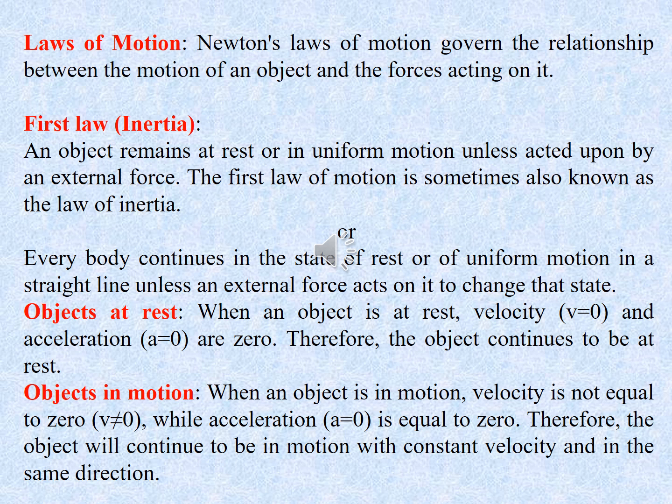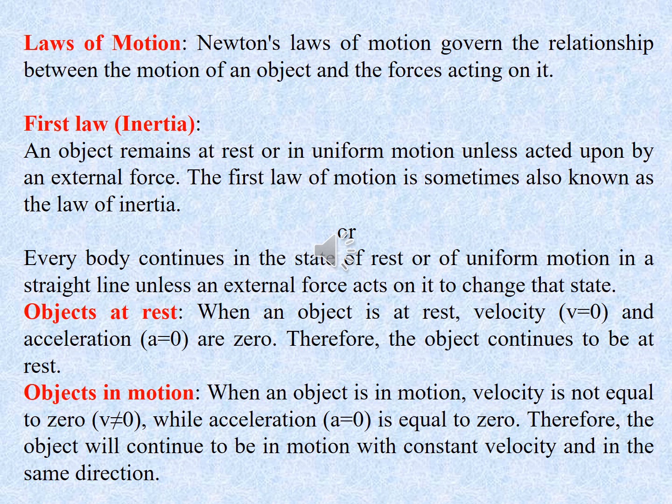Newton's first law: an object remains at rest or in uniform motion unless acted upon by an external force. Newton's first law is also known as the law of inertia. When an object is at rest, velocity v is equal to 0 and acceleration a is equal to 0.